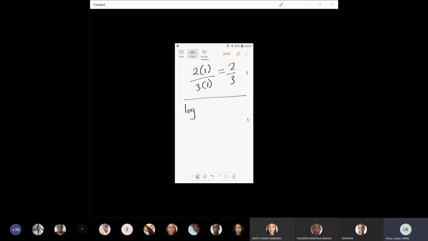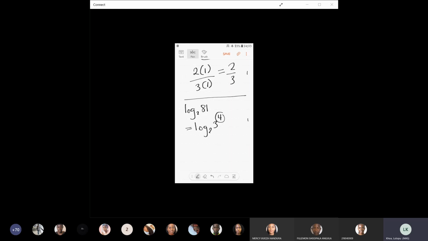The log base 2 of 81. Is it possible to simplify this one? Or can we do anything to make it simpler? Now I know 81, I cannot rewrite it as 2 to the power of anything. But what I can do is rewrite it as 3 to the power of 4. So this is log base 2 and then 3 to the power of 4.